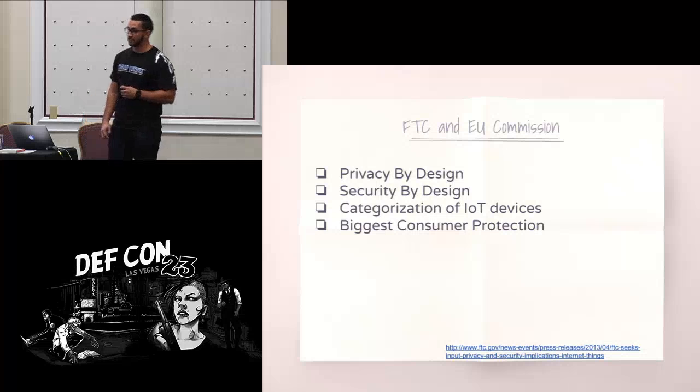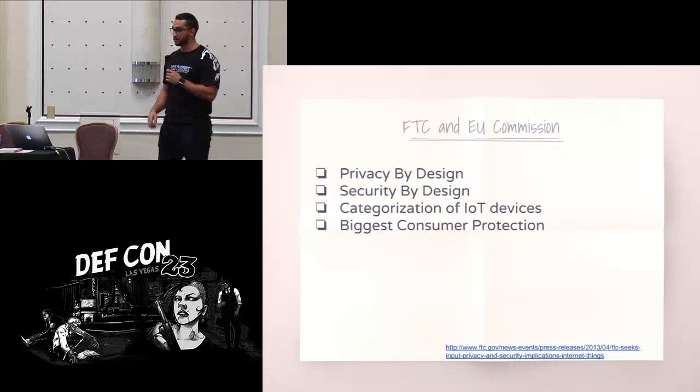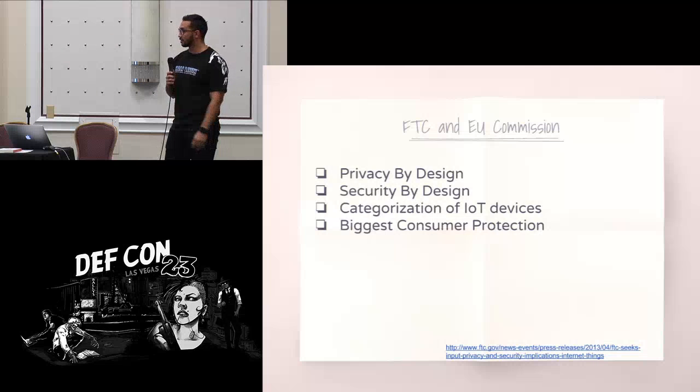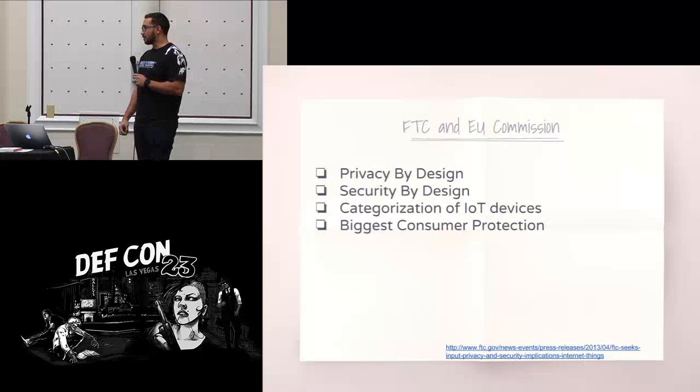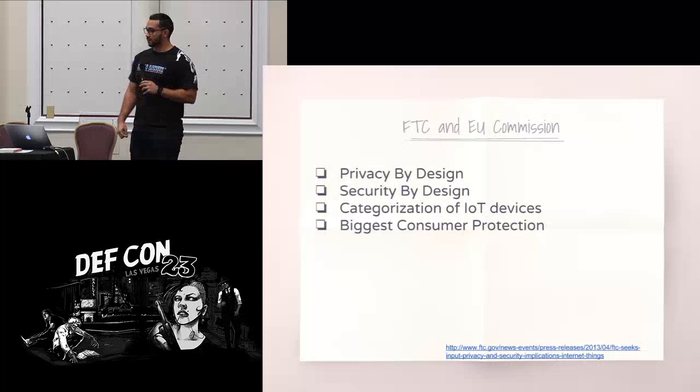And then privacy by design: take as little information as possible from consumers and these devices, on any type of platform, Android, iOS. It's interesting with the categorization of IoT devices.